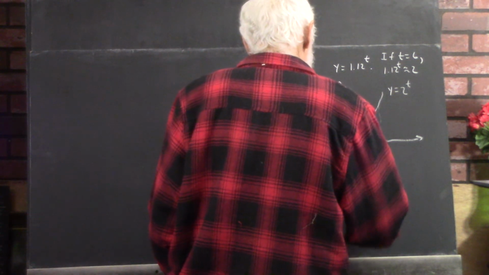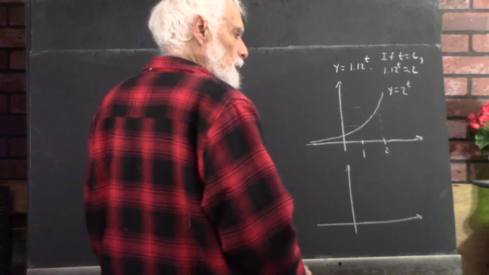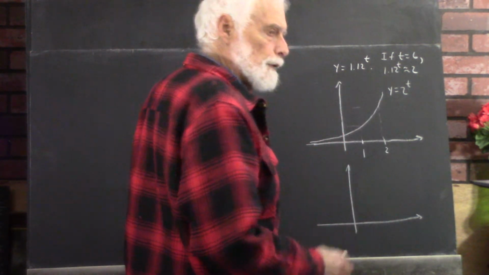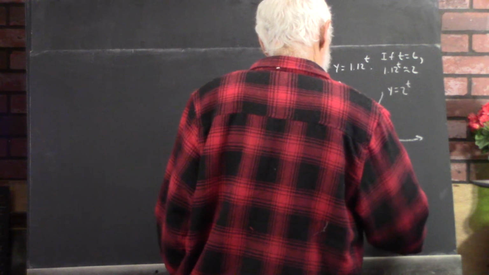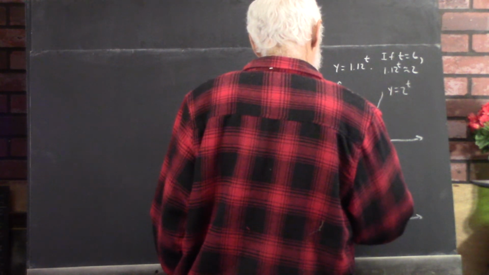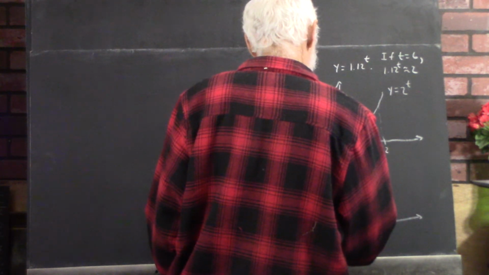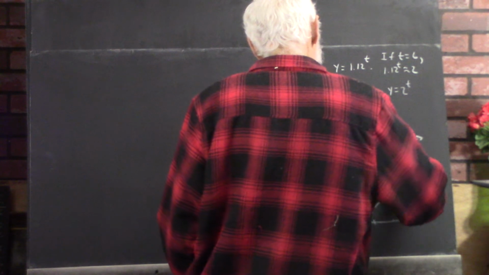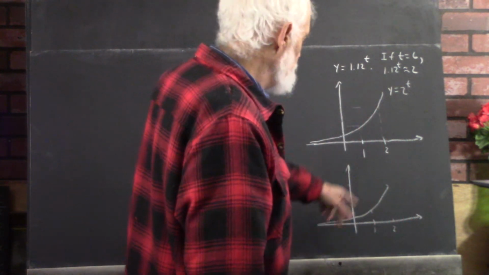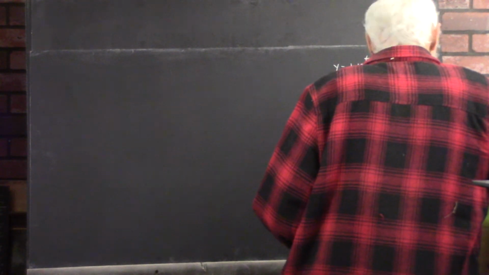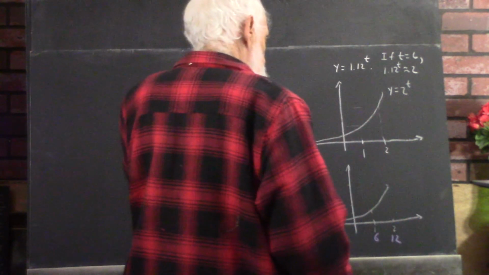The graph of y equals 1.12 to the t can be constructed, or approximately constructed, by simply sketching your 2 to the t graph again, but replacing these numbers with six and 12.